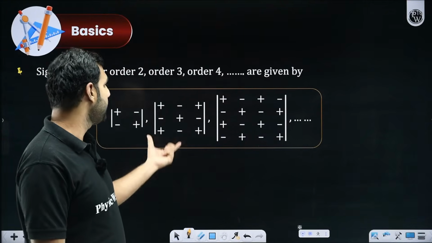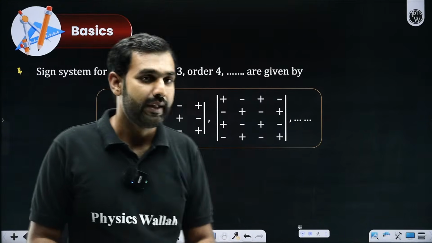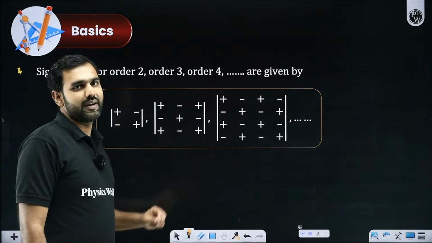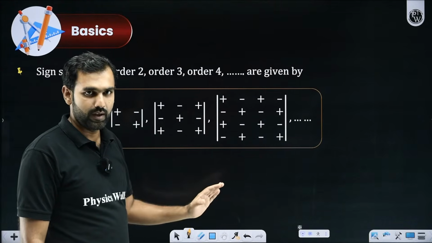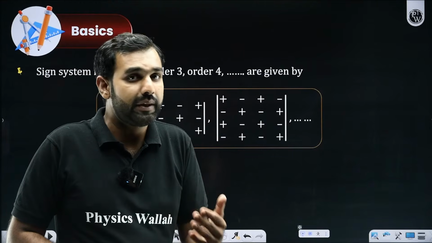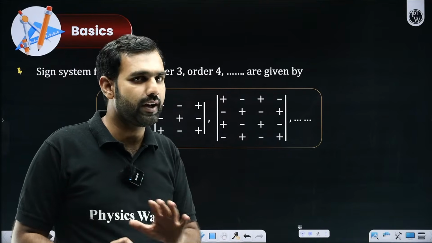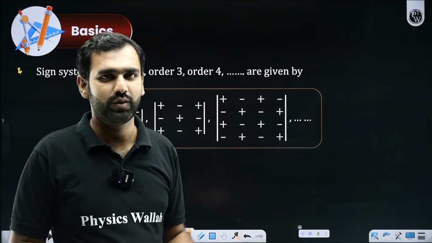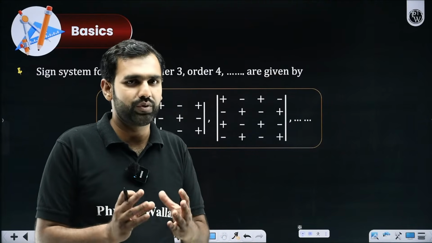But if you're talking about a 3 by 3 matrix, Anish, focus on this statement now. Let's say you're given a 3 by 3 matrix and you're supposed to find its determinant. First of all, we'll follow a sign scheme. Sir, what is the meaning of this sign scheme? How is it created? That I'll explain later in the upcoming slides of this video. Don't worry about that. Right now, just accept what I'm saying.